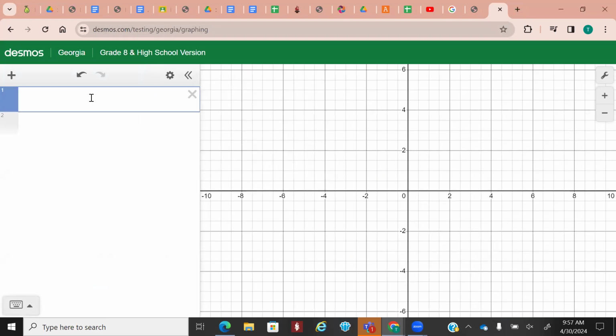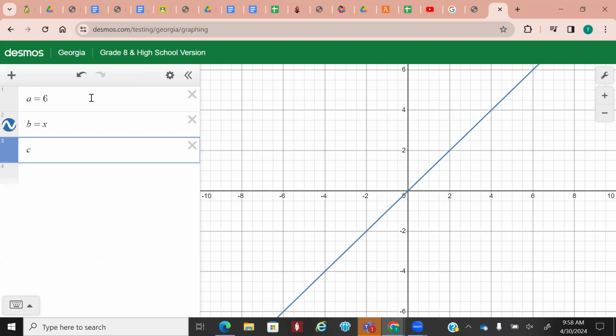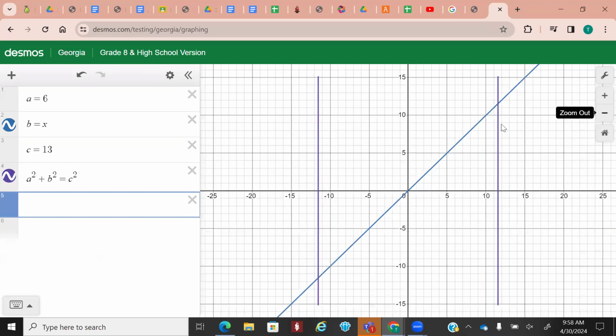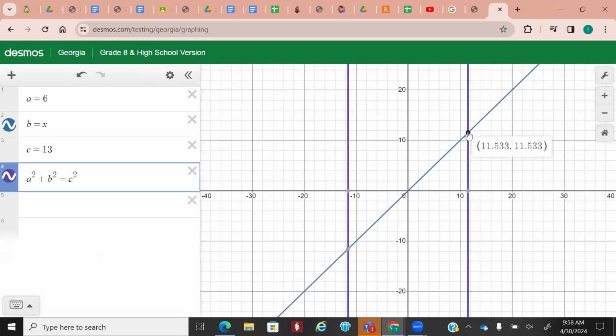But let's say you come in here and you say, what was our A value for that guy? 6. What was B? And then what was C? And then I type A squared plus B squared equals C squared. Zoom out. Where it crosses, that's our answer.